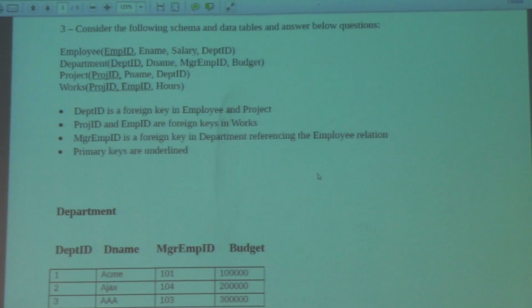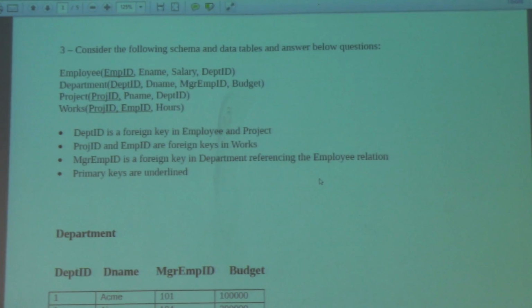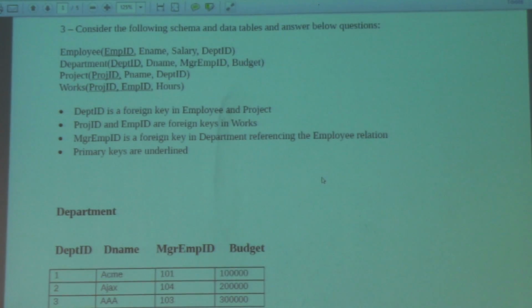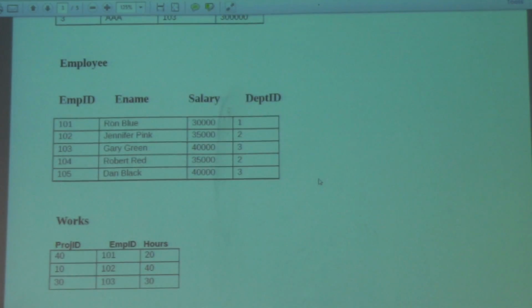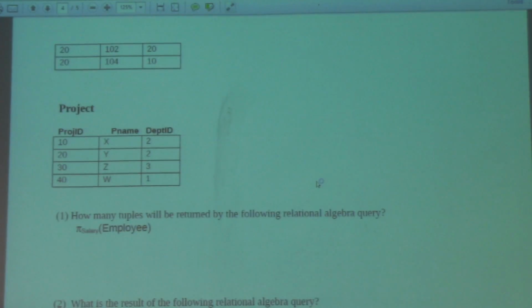Next question. The homework is as easy as solving it in 5 minutes, isn't it? You have these tables: department, employee, works, project.